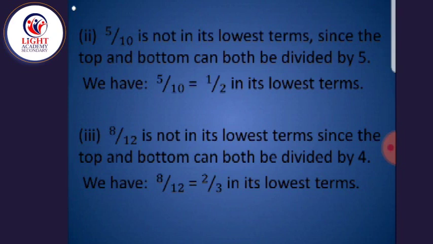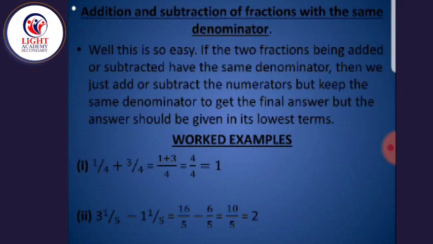As we move on, the same applies to 8 out of 12 in Roman 3, which is also not in its lowest terms, since the top and the bottom can both be divided by 4, which is the common factor of both, hence giving us 2 out of 3 in its lowest terms. I hope this is quite clear.